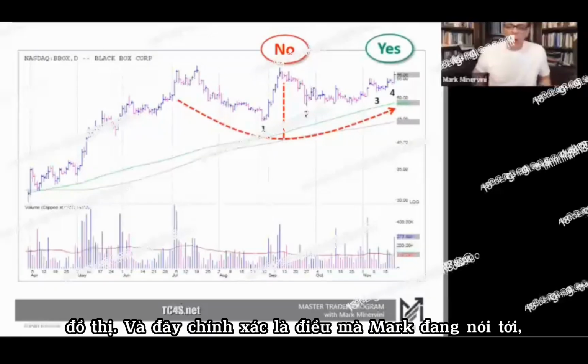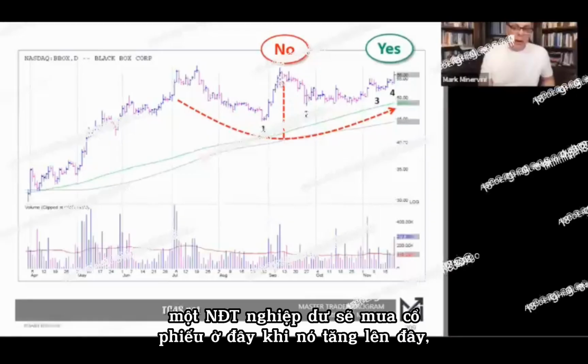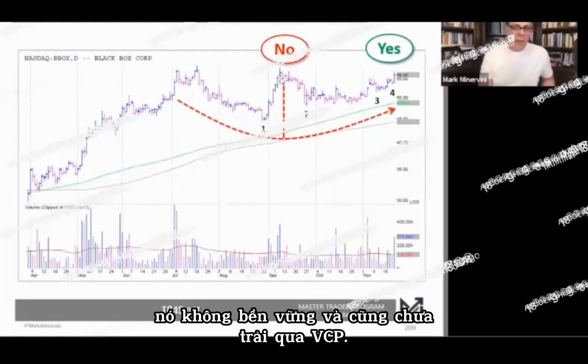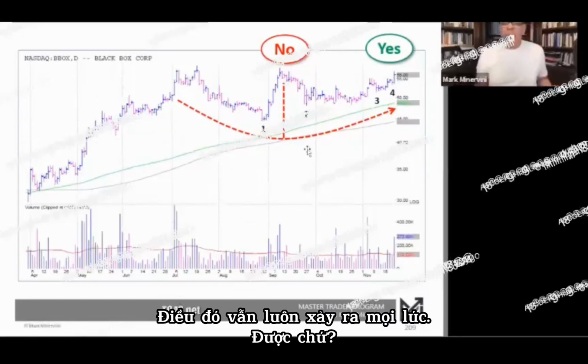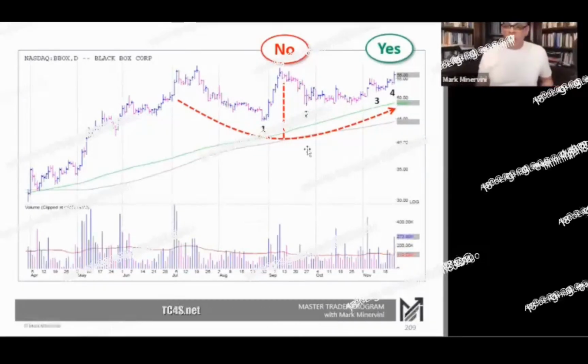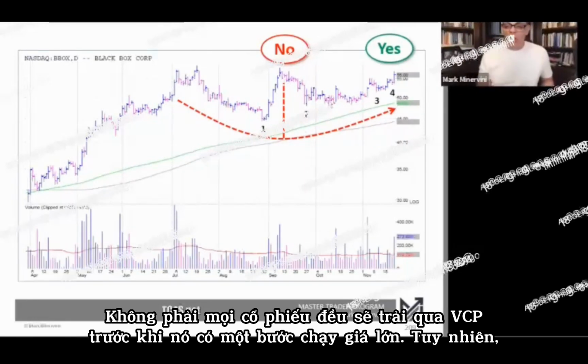And this is exactly what Mark's talking about, where an amateur will be buying the stock over here as it runs up, and it's not sustainable and hasn't gone through the VCP. Now, let me just say this. It does not mean that a stock can't just shoot off the lows and take off. That happens all the time. There's definitely stocks that will take off. Not every stock is going to go through a VCP before it makes a big move.